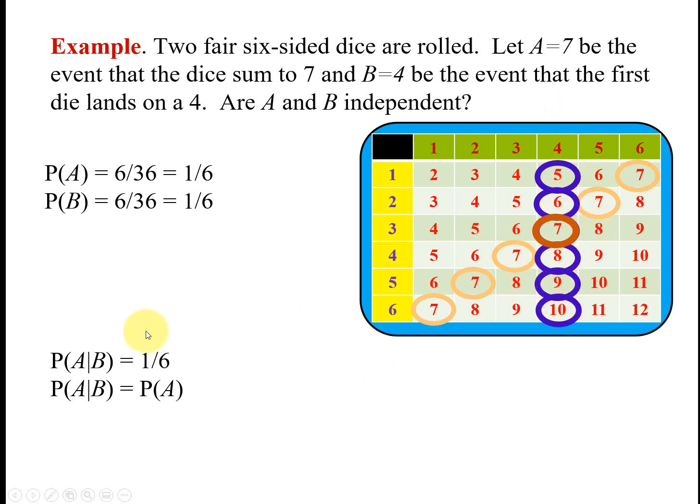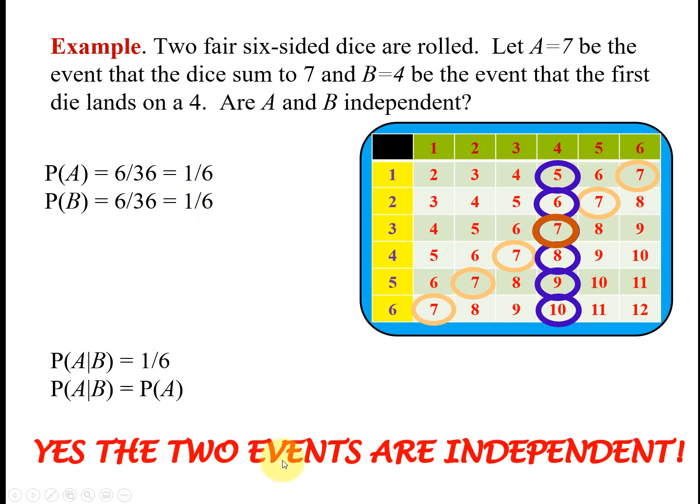And there's 1, so it is independent because the unconditional probability of A equals the conditional probability of A given B. So you can see that here. Yes, they are independent.